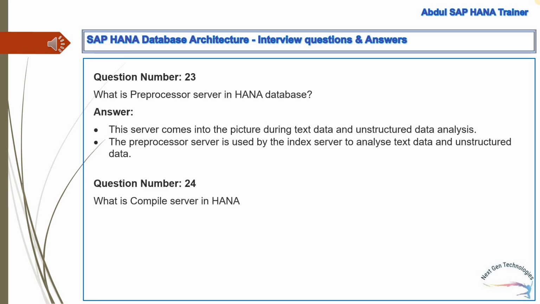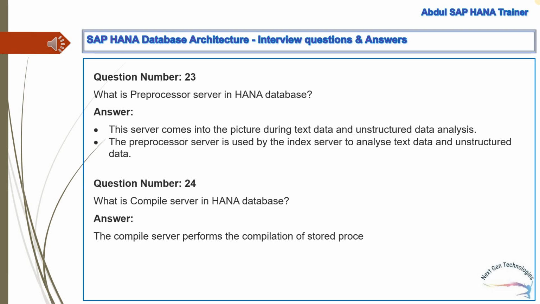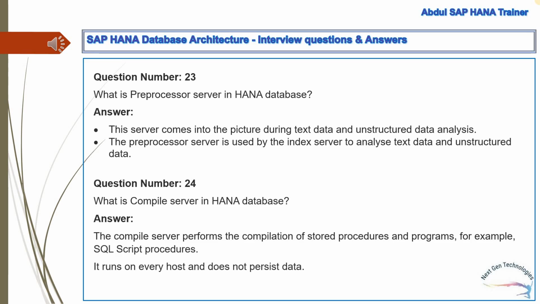Question number 24. What is compile server in HANA database? Answer. The compile server performs the compilation of stored procedures and programs, for example, SQL script procedures. It runs on every host and does not persist data.